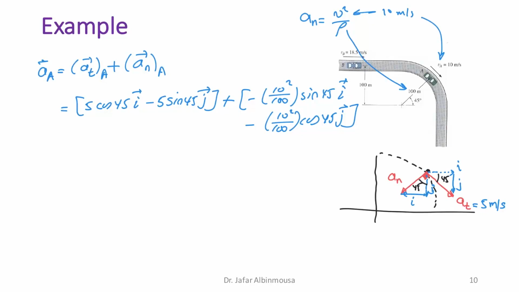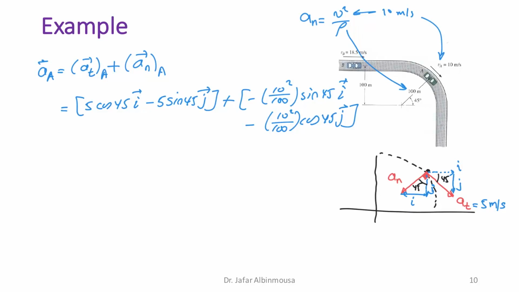Now, let's look at the signs. For the tangential component, we have i going in the positive direction, so this is positive, and j going downward, so this is negative. This is the angle, so the cosine of the angle is i, and the sine of the angle is j.